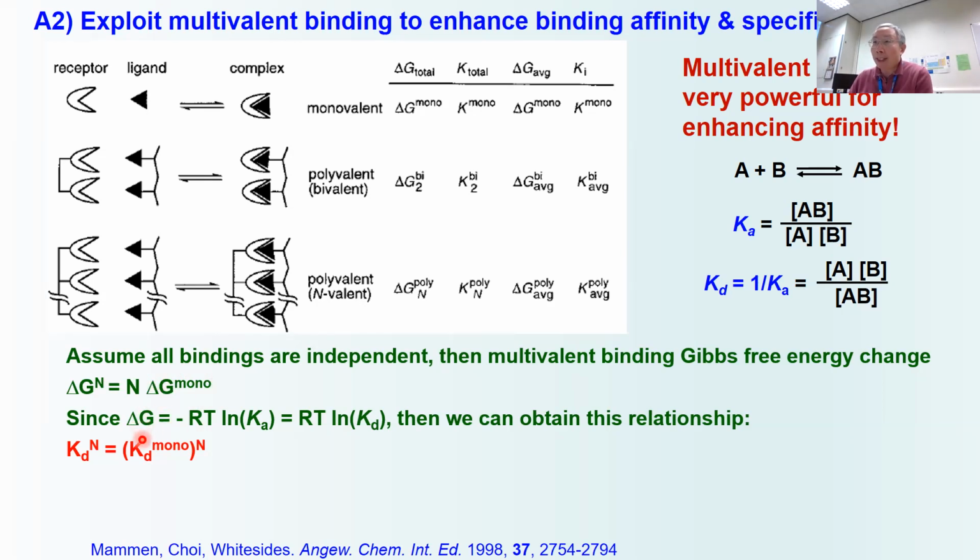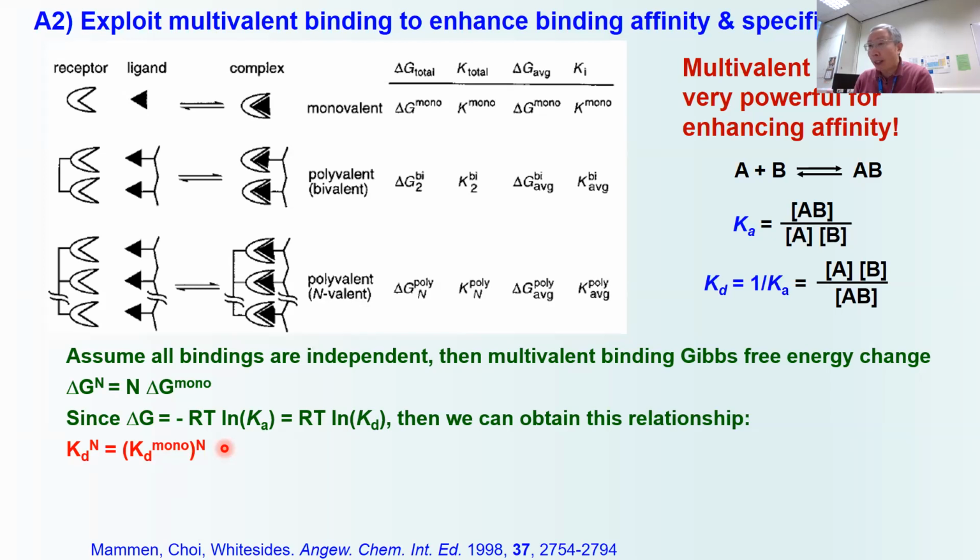The binding delta G is related to minus RT log Ka, or if we use the KD, then the relationship is a log relationship. If we convert it into the KD relationship, then the multivalent binding should be the monovalent binding's nth power.